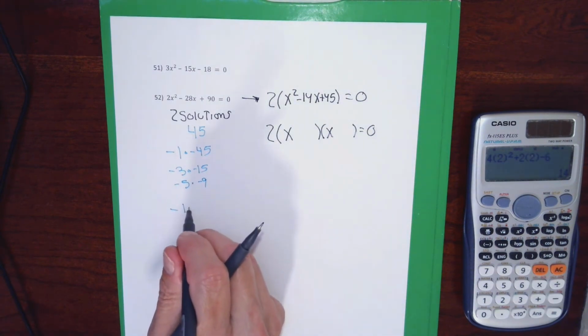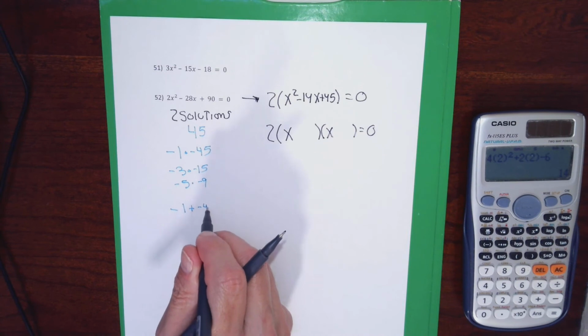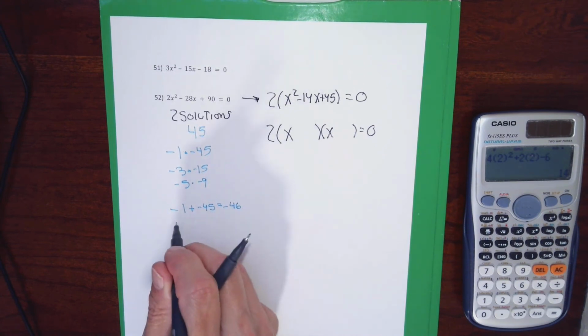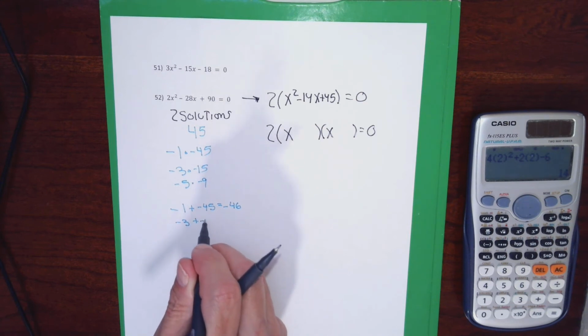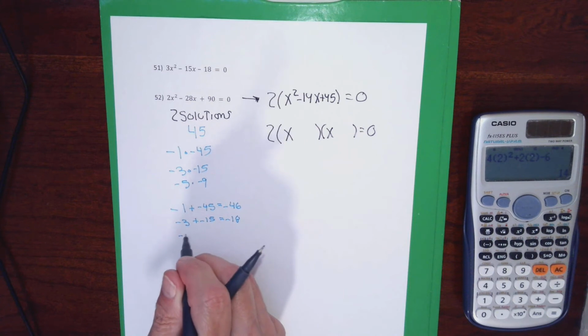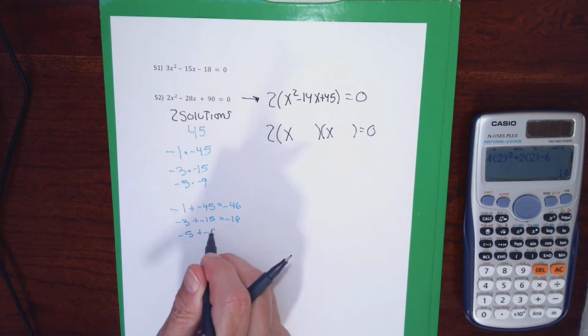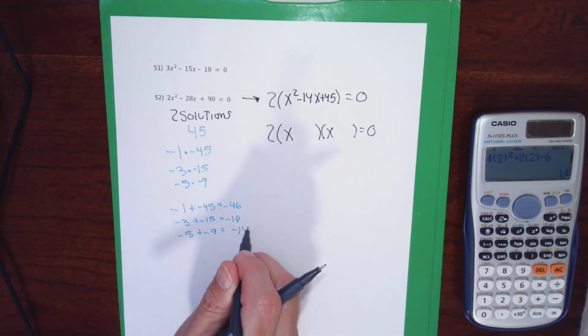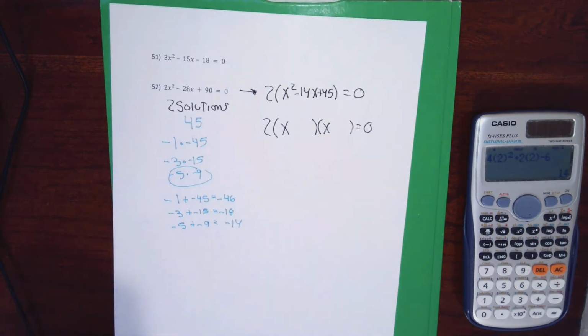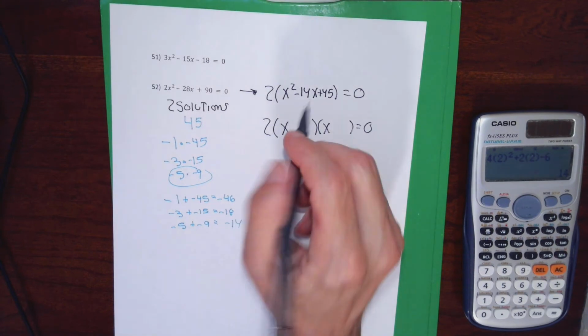Now I'll add them. -1 plus -45 is -46. -3 plus -15 is -18. And finally, -5 plus -9 is -14. That's how I'm going to end off my parentheses, with a -5 and a -9.